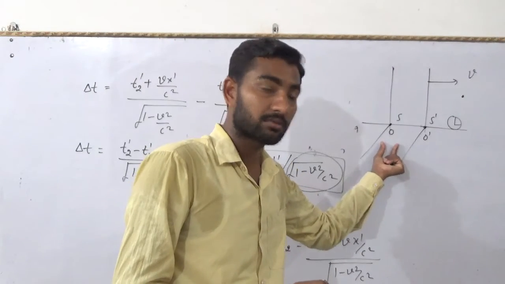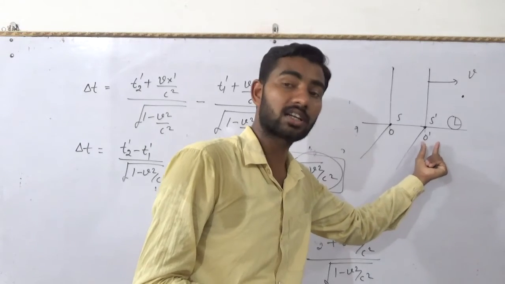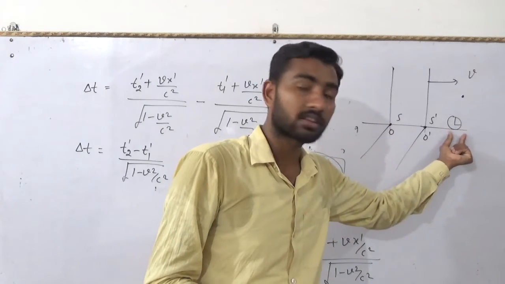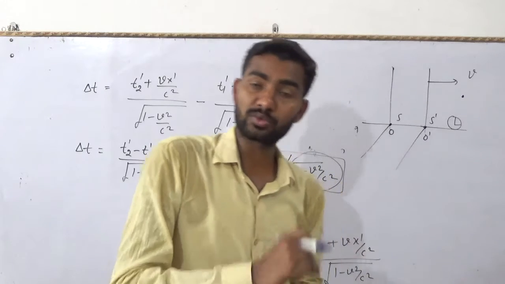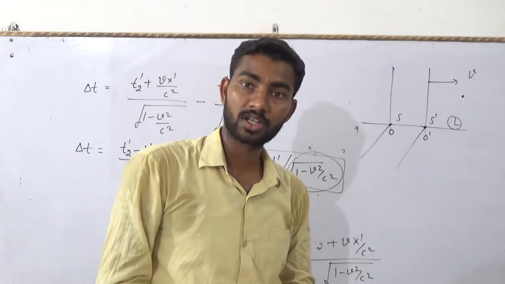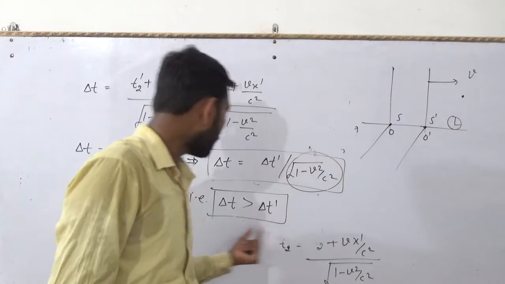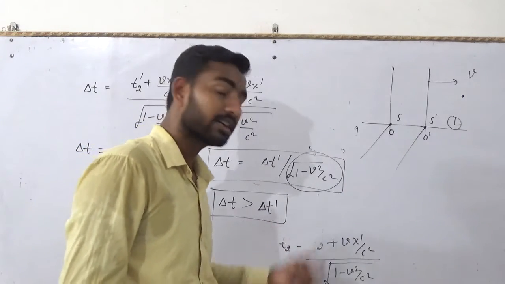Because S dash is moving with uniform velocity v, we can say that the clock is also moving, and here we have found del t is greater than del t dash.